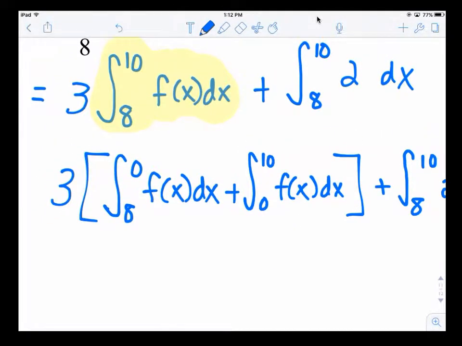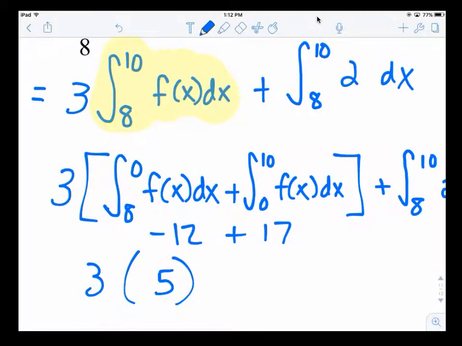All right, so by taking these two expressions, these two things are now equal to that, right? The upper and the lower here match. So if you push them together, you're really going from 8 to 10, which is what we want. So we know that this is negative 12, and we know that that is 17. So together, they are 5. And this constant that you put out front just kind of goes along for the ride until the problem gets over with.